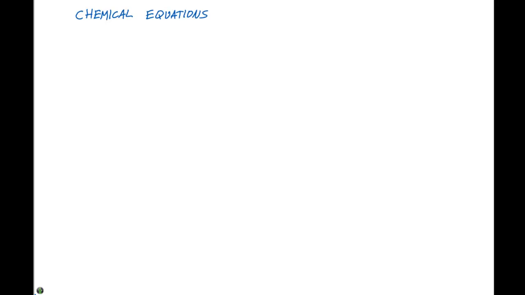So the next section is titled Chemical Equations, and a chemical equation is a symbolic representation of a chemical reaction.